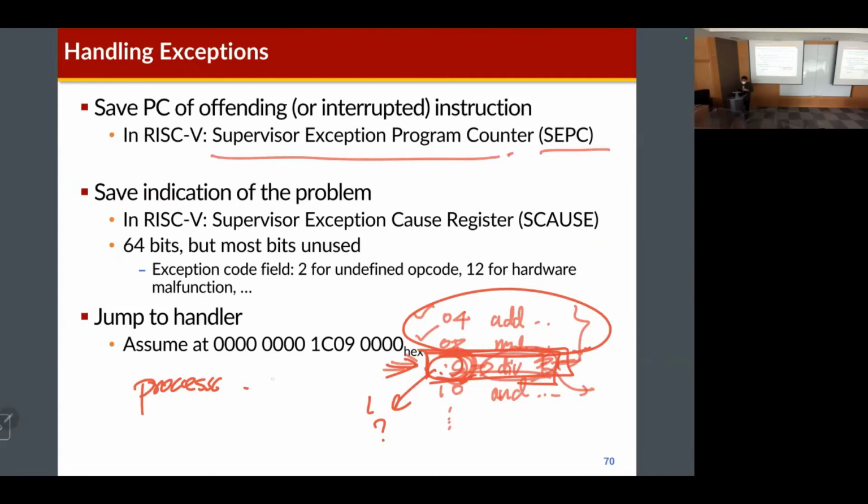So the processor needs to return the location of the exception in the program counter, and the execution of this instruction should be cancelled because it is the abnormal instruction. Okay.